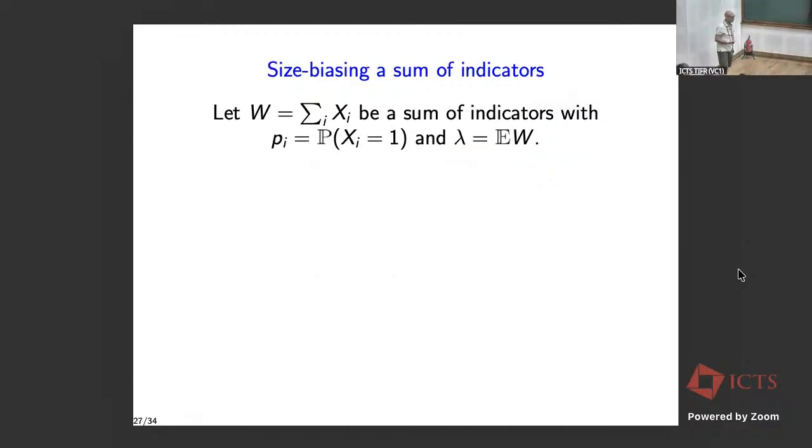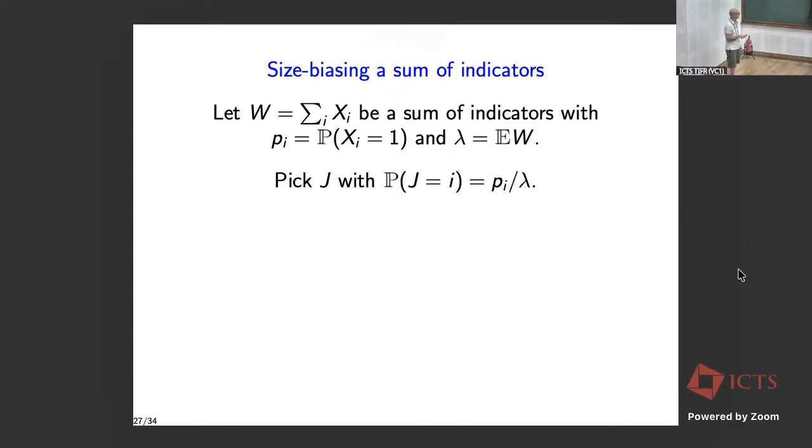Now, if you want to size bias a sum of indicators, fortunately, the construction is actually quite simple. Here's the construction. So you take W, it's a sum of indicators, they can be dependent. And again, Pi is the expectation of Xi, and lambda is the sum of these expectations.